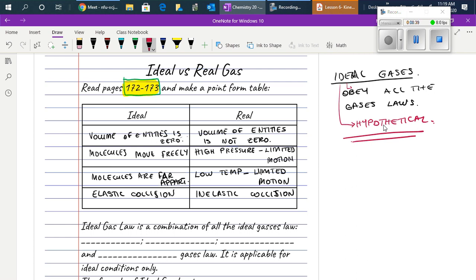But when we have high pressure and low temperature, those molecules become close to each other, so we have to take into consideration the volume of the molecules of the gas. This is saying that we cannot compress a real gas infinitely.